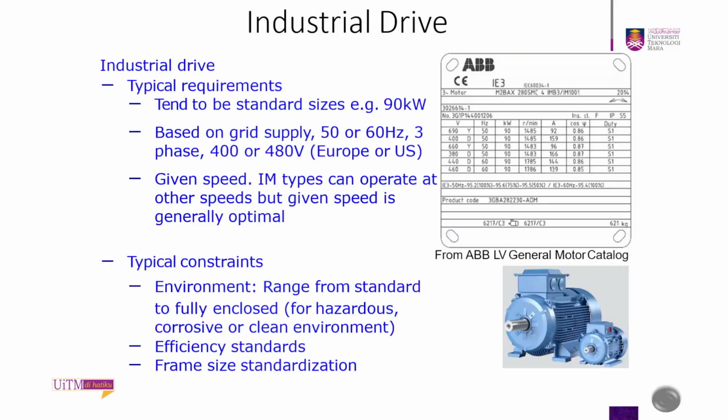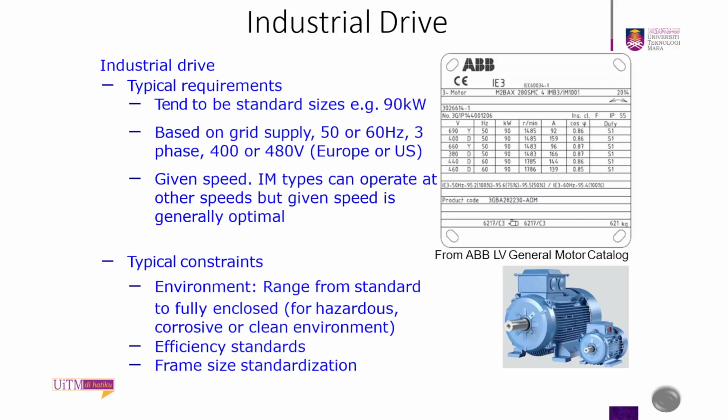Again, for industrial drives, typical requirements tend to be standard size, up to 90 kilowatts. Oh, very high, isn't it? It's based on grid supply. Can have 50 or 60 hertz, 3-phase or single phase, 400, 480 volts. Given speed, induction machine types can operate at other speeds, but the given speed is generally optimal.